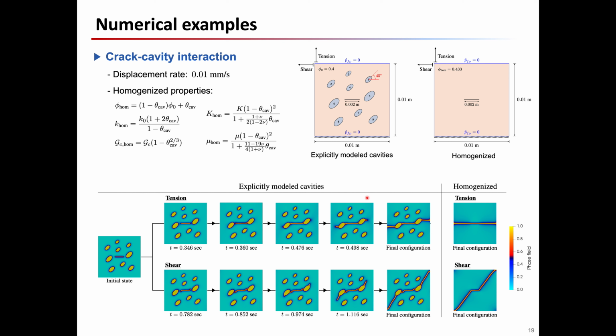This figure illustrates the evolution of the phase field for both tension and shear tests in a computational domain where the cavities are explicitly modeled compared with the crack trajectories obtained from the homogenized domain. The domain without cavities exhibits crack patterns that are similar to the results of previous studies on homogeneous solids, while the domain with explicitly modeled cavities exhibits distinct crack patterns.